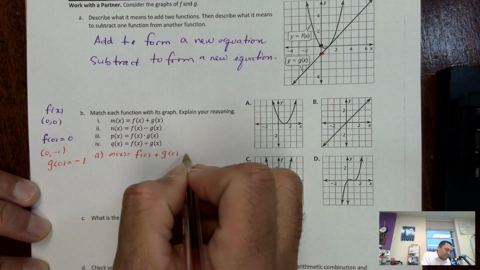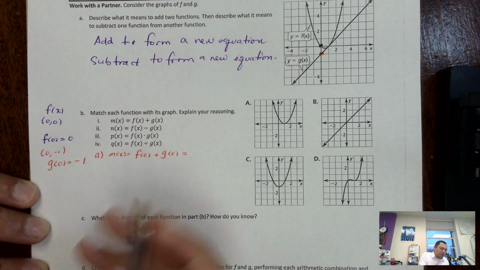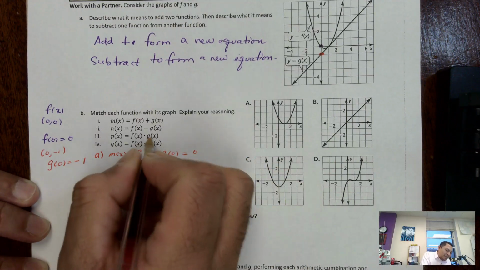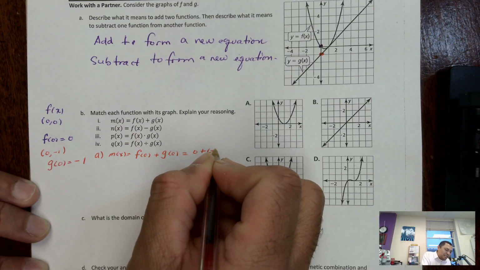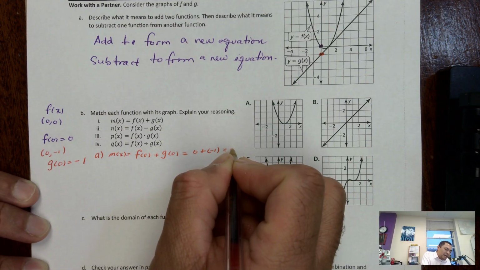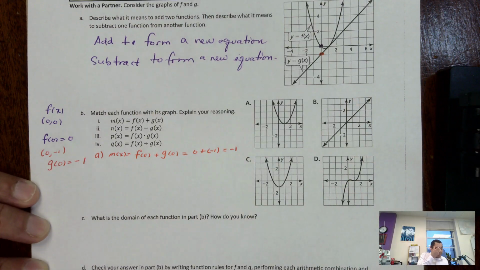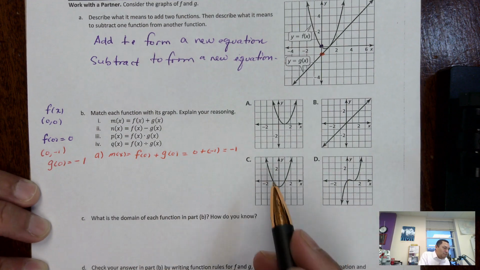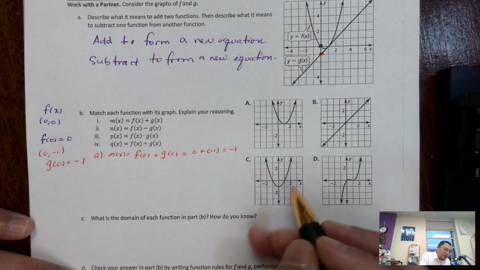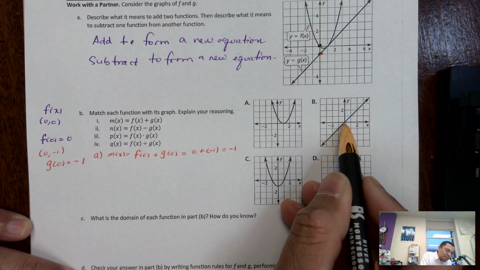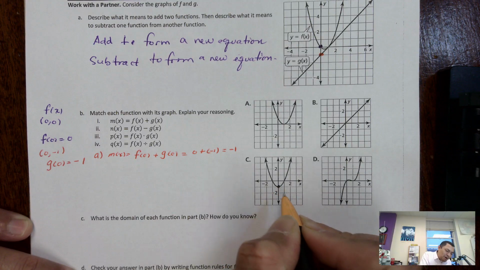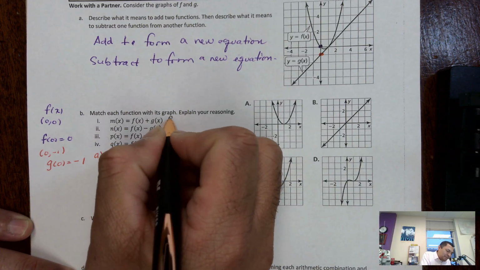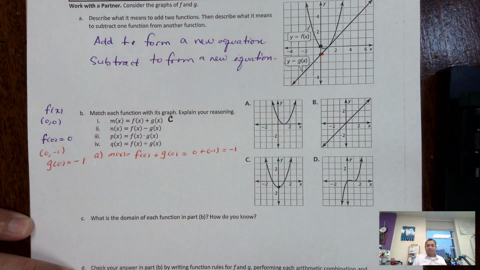I know f of 0 is 0, and g of 0 is -1, so 0 plus -1 equals -1. Now, which function gives me -1? Let's say this is 1, this is 0, this is -1 here. This is -1, so it's the letter C.